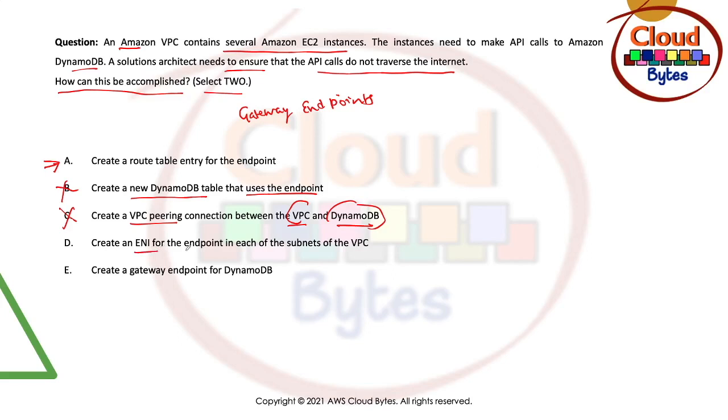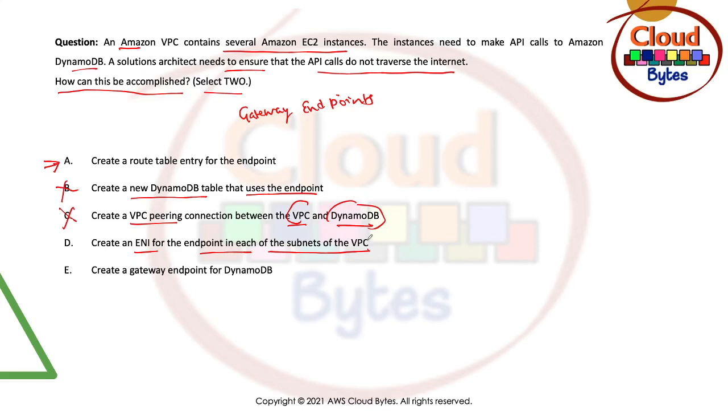Create an ENI for the endpoint in each of the subnets of the VPC. Now, ENI is Elastic Network Interface. ENI is used by the interface endpoint and not the gateway endpoint. S3 and DynamoDB didn't support the interface endpoint, and they were primarily using the gateway endpoint.